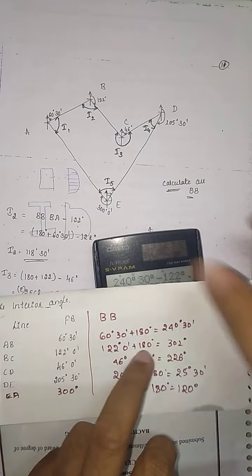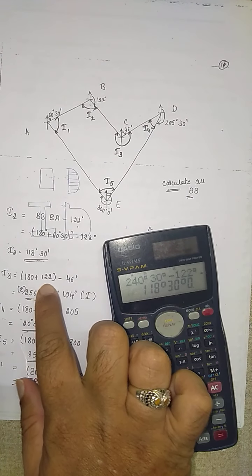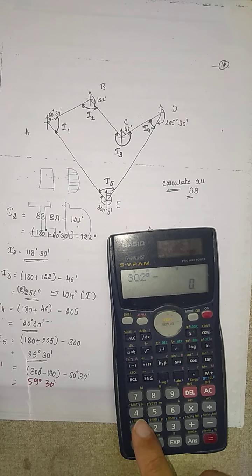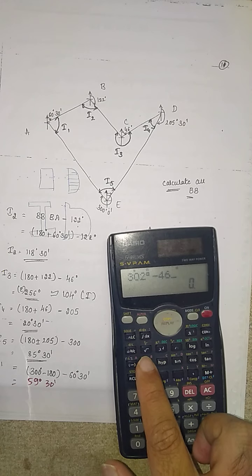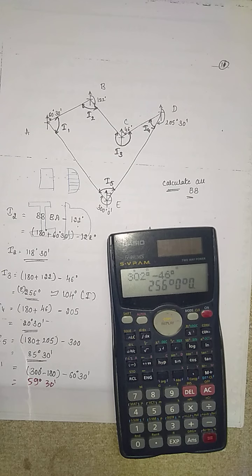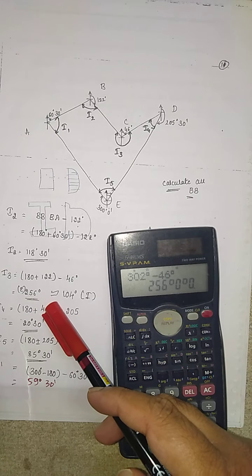So 302 minus 46. So 302 degrees minus 46 degrees, you are going to get the answer as 256 degrees. That is nothing but your I3.